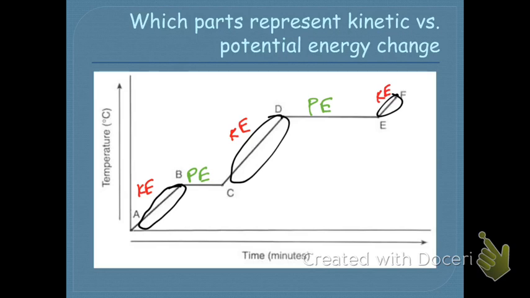If you can imagine, there are three phases represented here. Whenever we have the kinetic energy, that's going to represent a phase. So these are gas particles moving quickly. These are liquid being heated up. And then this is solid.